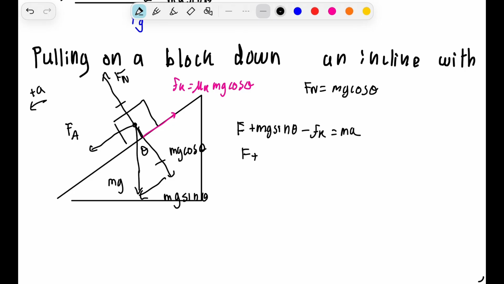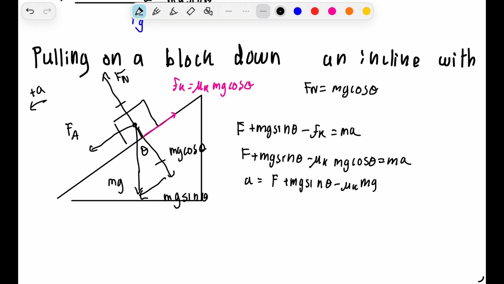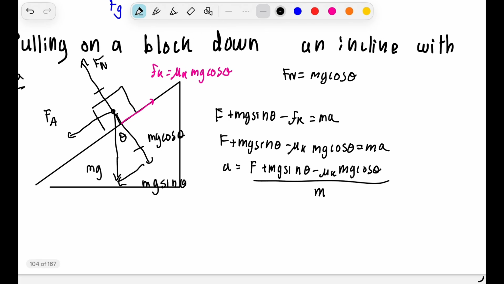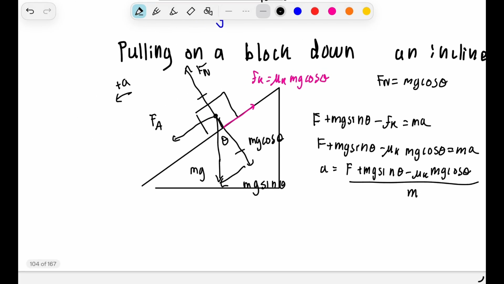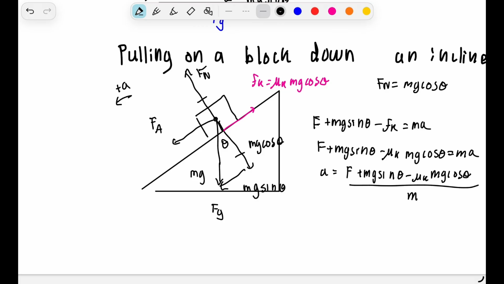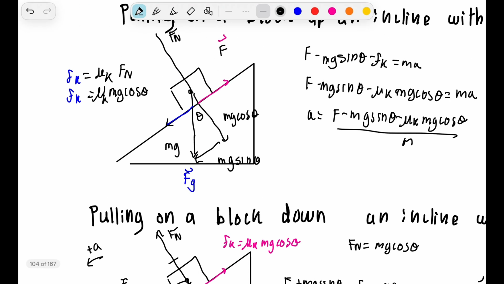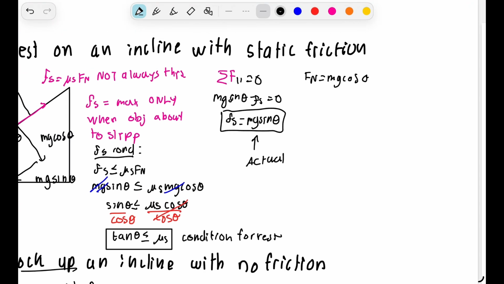So F plus mg sine theta minus mu k mg cosine theta is equal to ma. So a is just F plus mg sine theta minus mu k mg cosine theta, all divided by m. So that's your formula. Your applied force and your gravity both point down the ramp, while friction points up the ramp. Now let's continue to our next question.